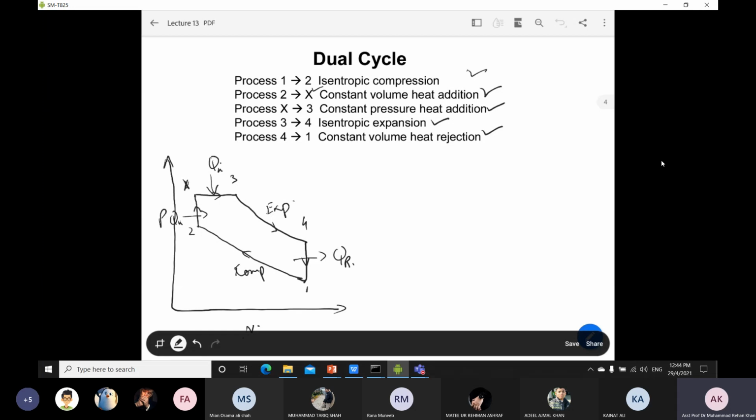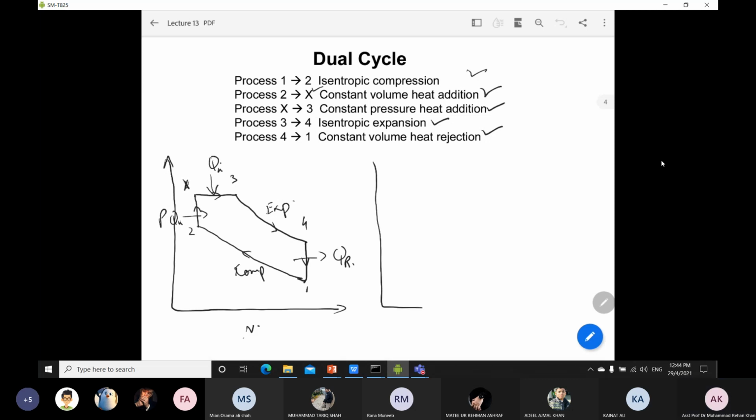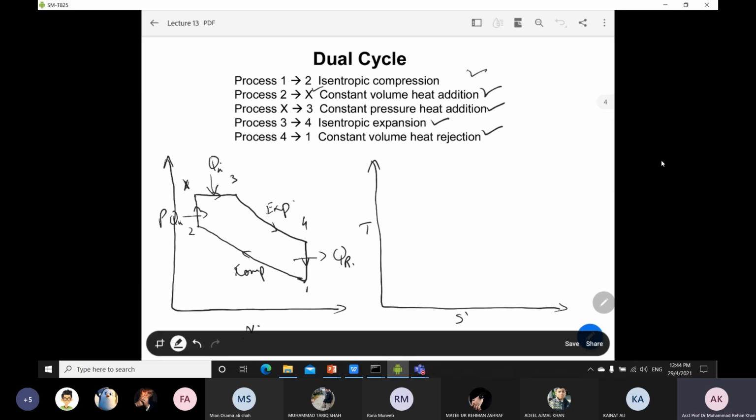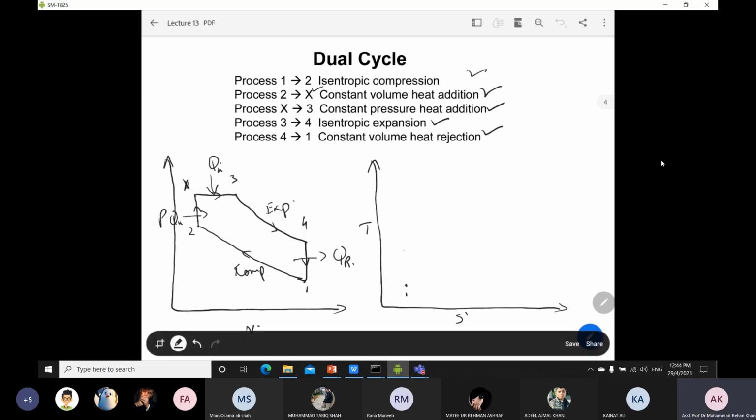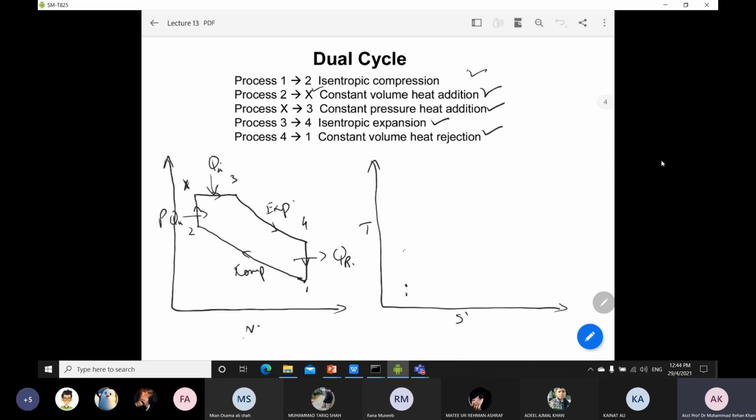So now we will try to draw the TS diagram as well. From 1 to 2 it is an isentropic compression process. If I take point number 1, point number 2 will be here, and since it is an isentropic process, you can just draw one line and join point number 2.